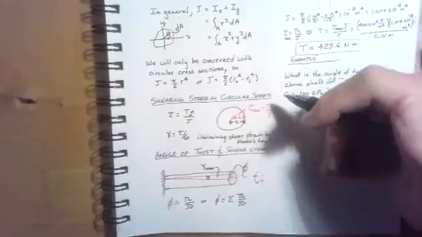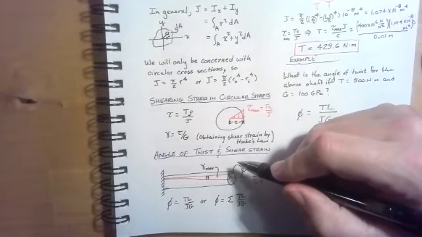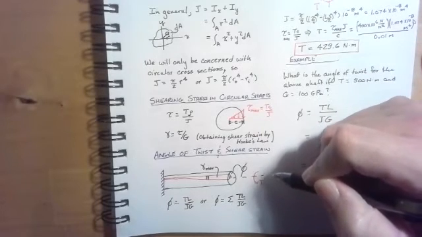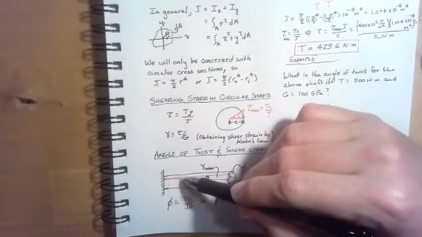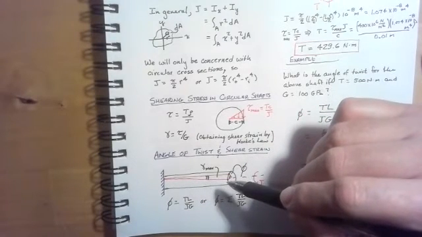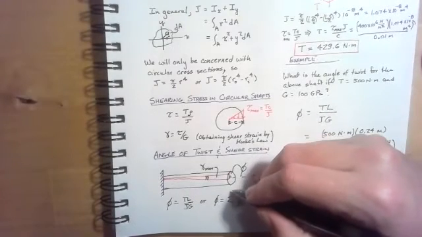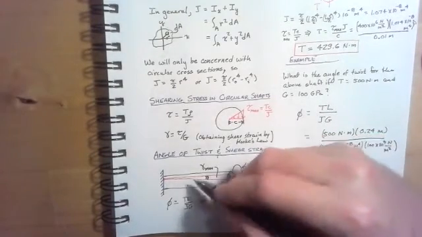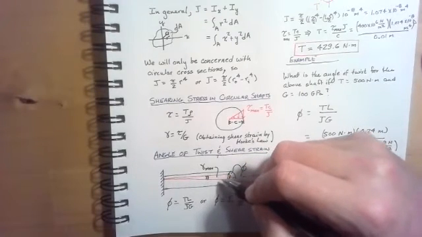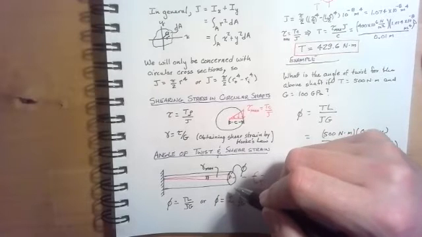So let's talk briefly about the angle of twist and the shear strain. If I was to draw two lines on the outside of the shaft and see where these hit the circular edge of the shaft, the angle that these two lines make is what we would call the shear strain.